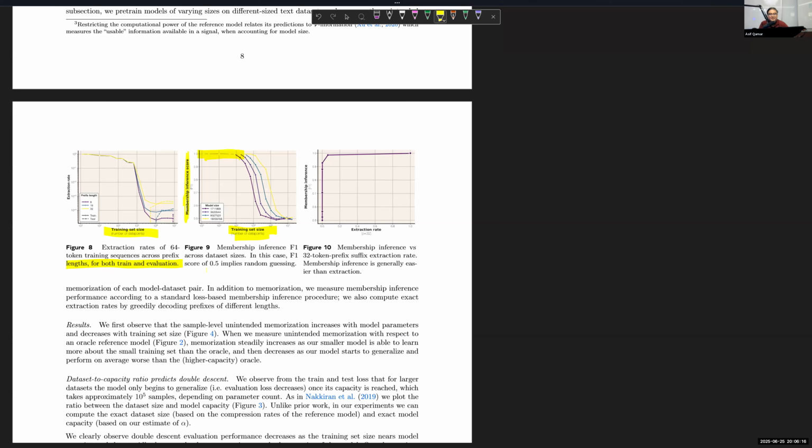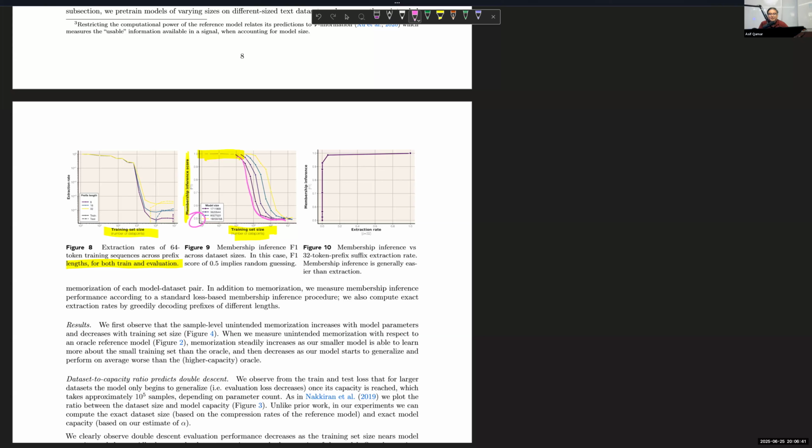But what happens as you increase the training data set size? It can't remember. It is forced to generalize. And so you see a drop, and it drops to 0.5. A 0.5 inference score means it's making random guesses. It is not able to do that.